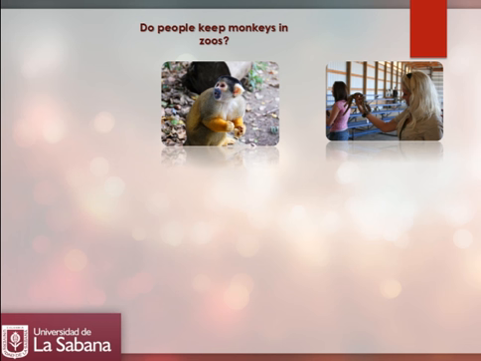Let's try to transform the question, do people keep monkeys in zoos, into the passive voice. In the active sentence, the difference between a question and a statement is in the position of the auxiliary verb that comes at the very beginning of the sentence. The same happens in the passive voice.